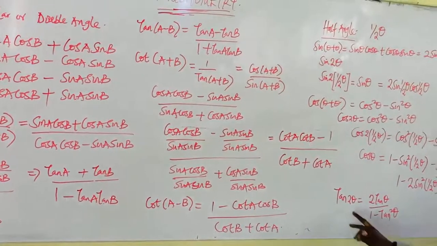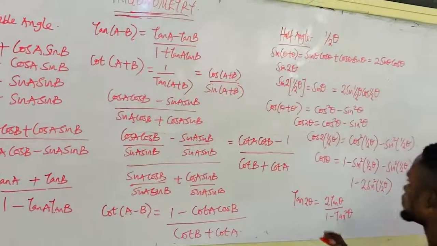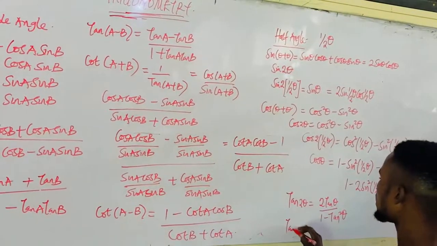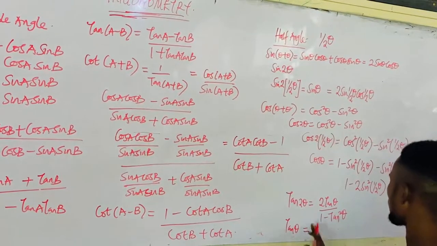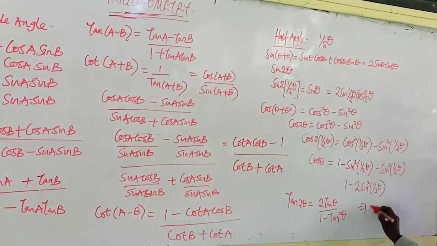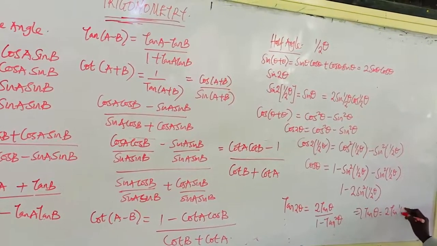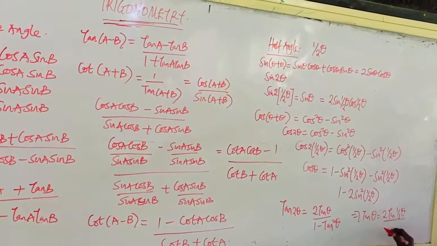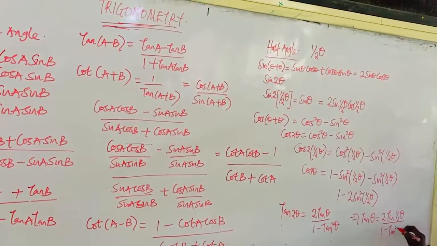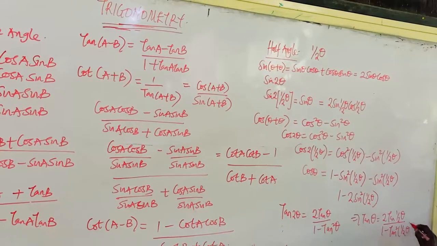If we replace theta with 1 over 2 theta, tan theta gives 2 tan 1 over 2 theta all over 1 minus tan square 1 over 2 theta.